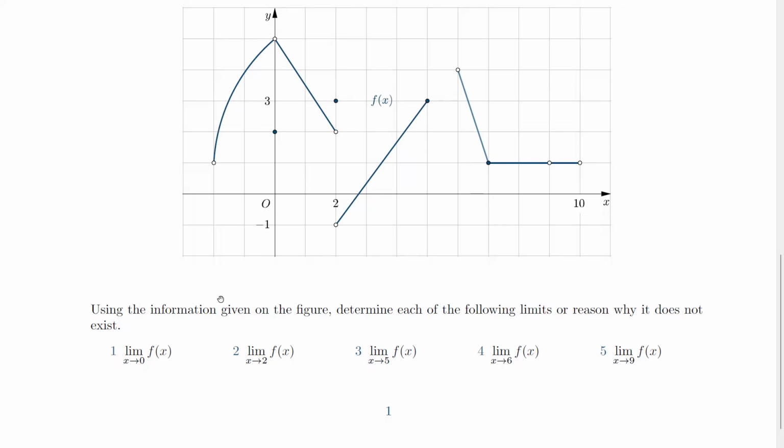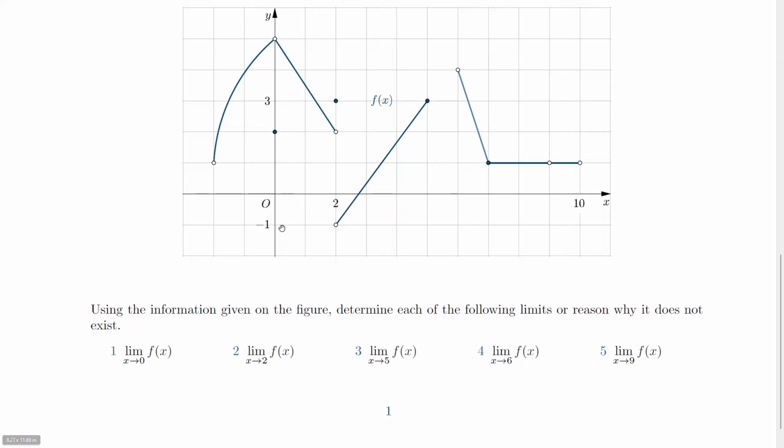So what is the limit of f of x when x approaches 0? 5. Yeah, because this number is 3, the next number is 4, the next number is 5. So the limit exists and is equal to 5, because you can convince yourself the left limit and the right limit, both of them are equal to 5.